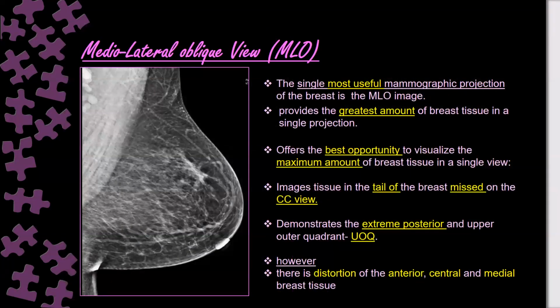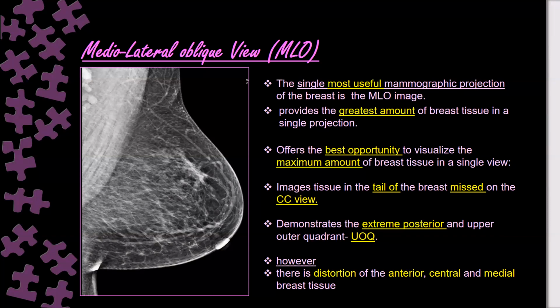And we discussed last time the importance of the mediolateral oblique view and why it is oblique rather than a straight lateral view: because the breast rests on the pectoralis muscle, and by placing the breast along the pectoralis major muscle, we can get the greatest amount of breast tissue in a single projection. So it offers the best opportunity to visualize the maximum amount of breast tissue, okay?